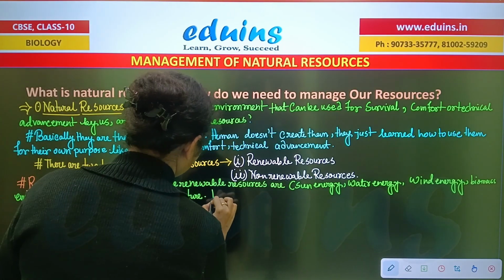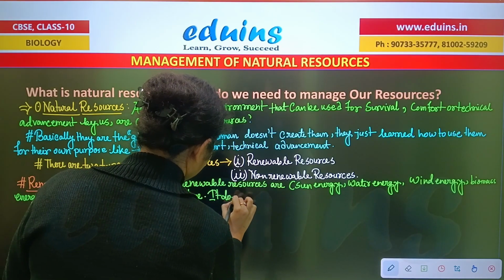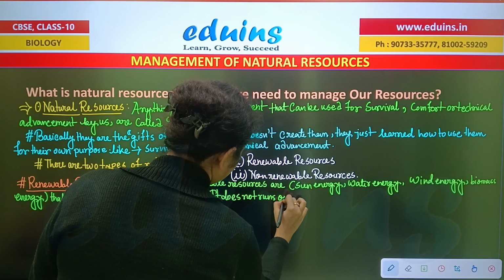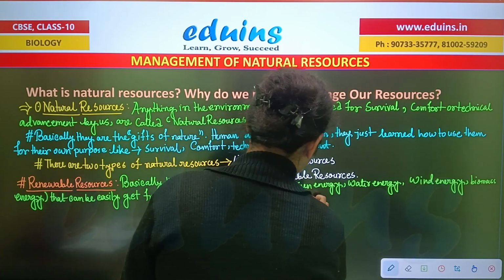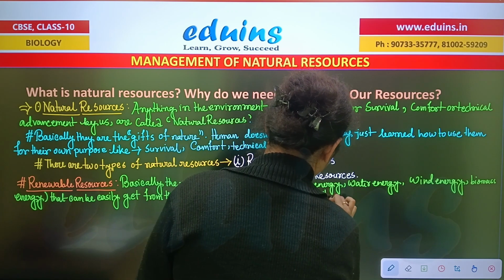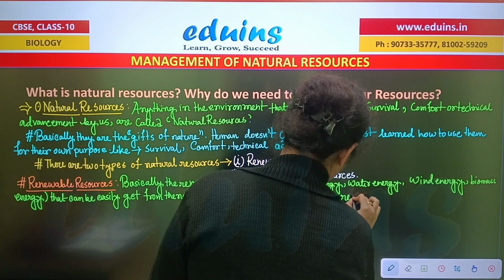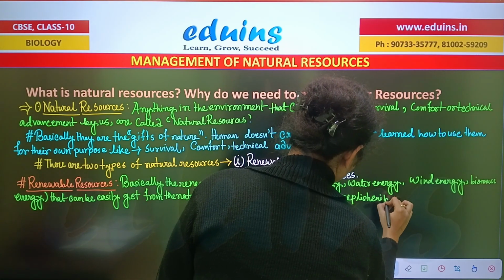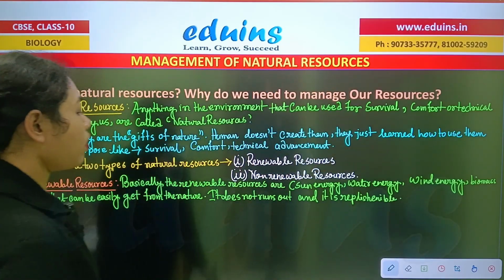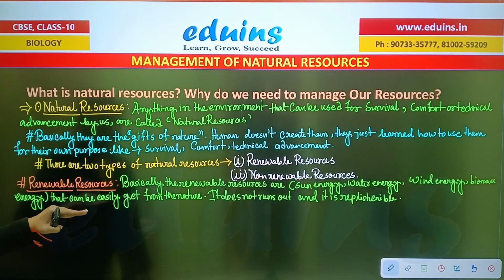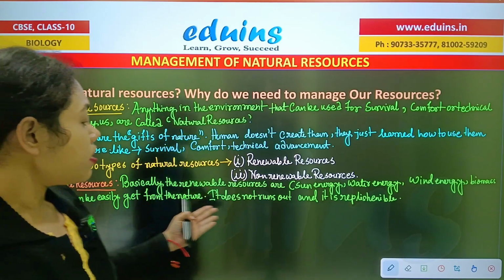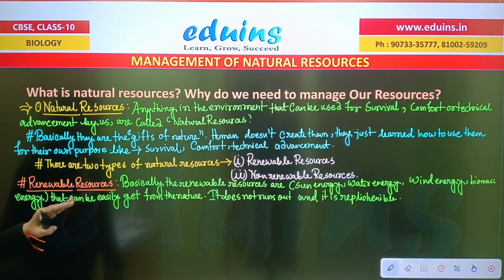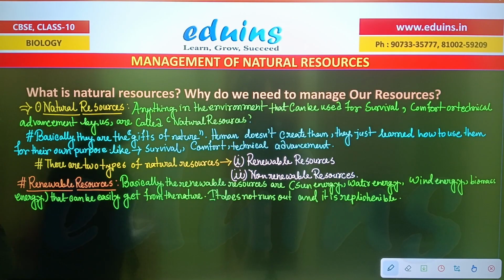It doesn't run out, and it is replenishable. So it can be easily gotten from nature, it doesn't run out, and it is replenishable. Those are the renewable resources of nature.